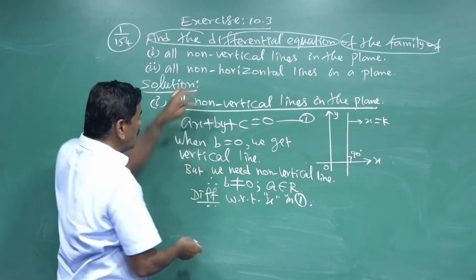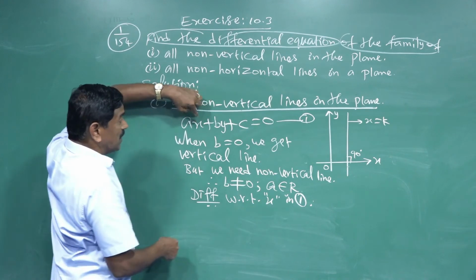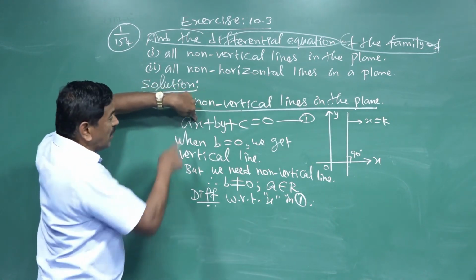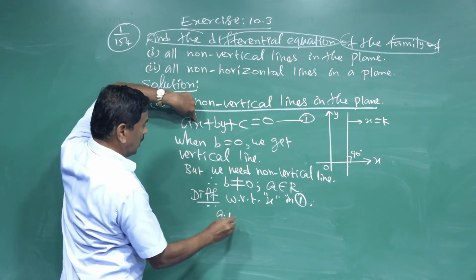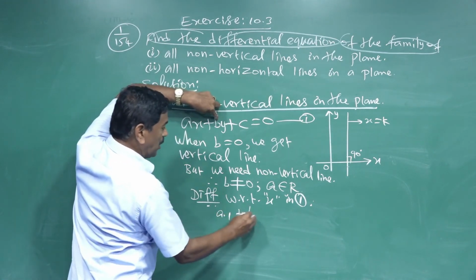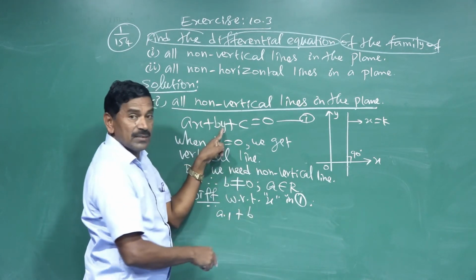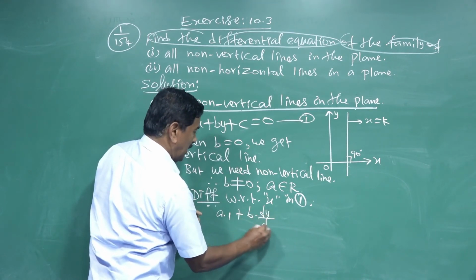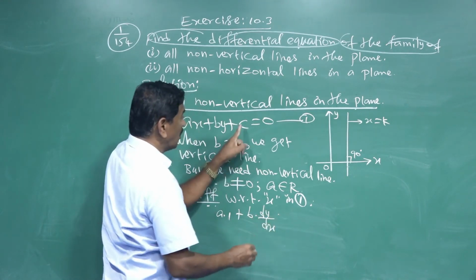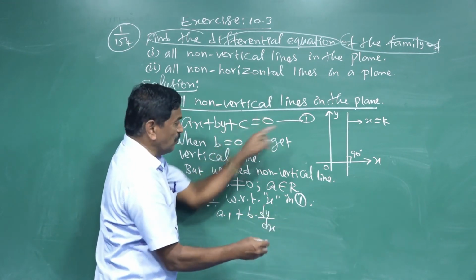Now, in the first equation, ax differentiated with respect to x: x differentiation is 1 and a is a multiple constant, therefore a into 1, plus b is a multiple constant. The differential of y with respect to x is dy by dx, so b into dy by dx, plus constant differentiation, which is 0, no need to write, which is equal to 0.